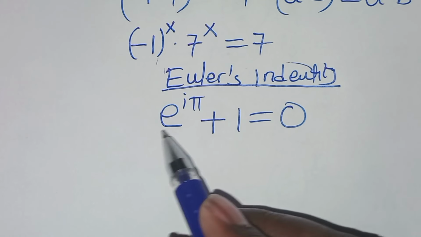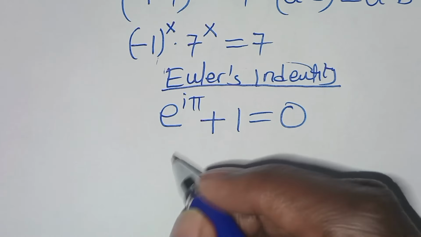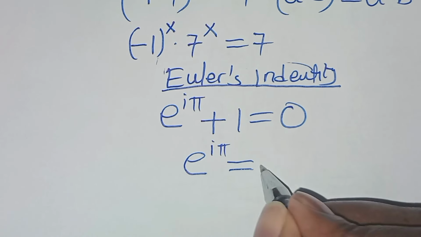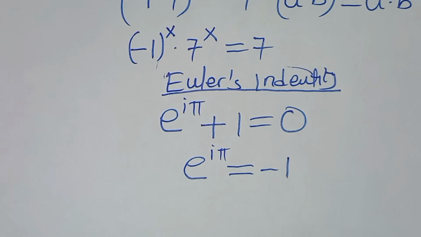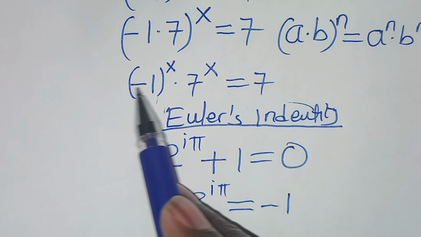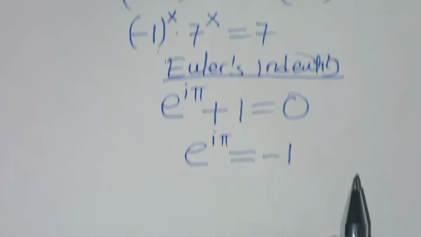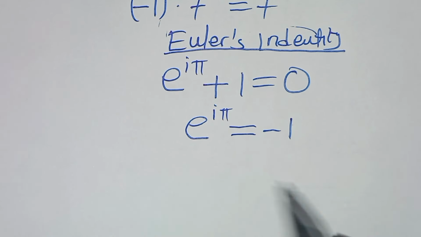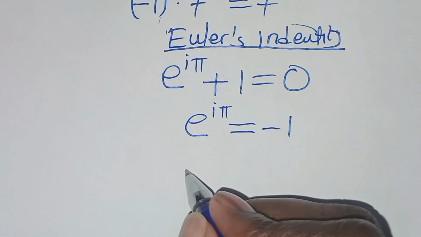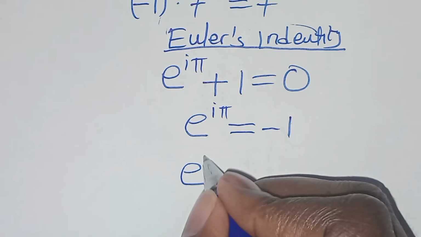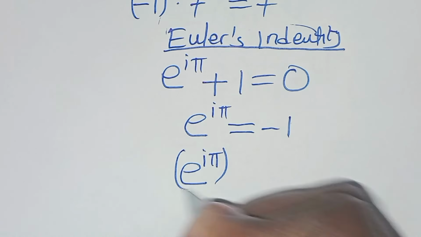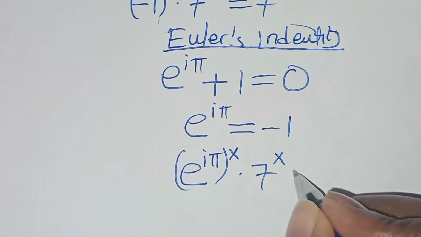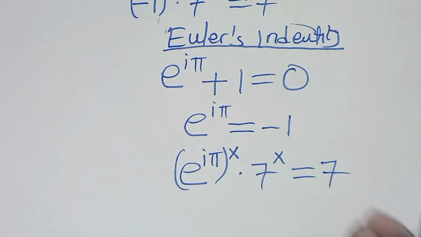Applying this identity, we can express e^(i pi) as minus 1. From what we have here, (-1)^x, we can substitute minus 1 with e^(i pi). So now we have (e^(i pi))^x times 7^x equal to 7.